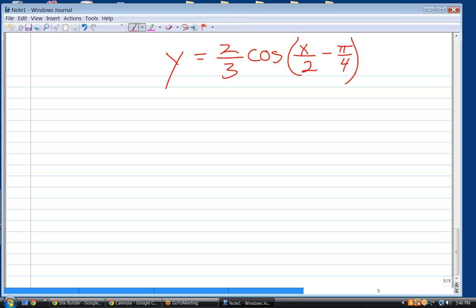What's different about this from my standard format, besides the fact that it's cosine instead of sine? Very significant thing.